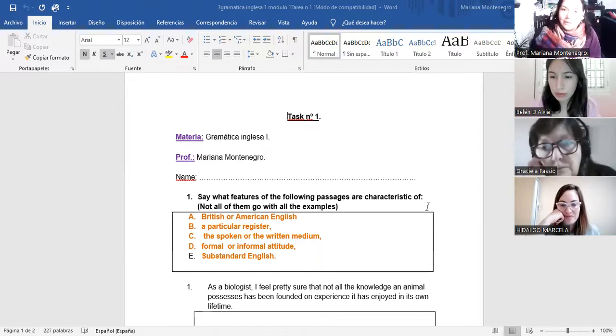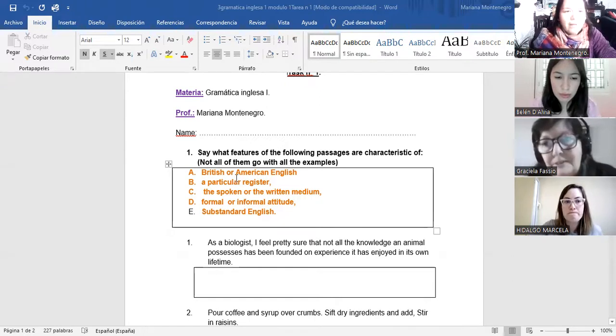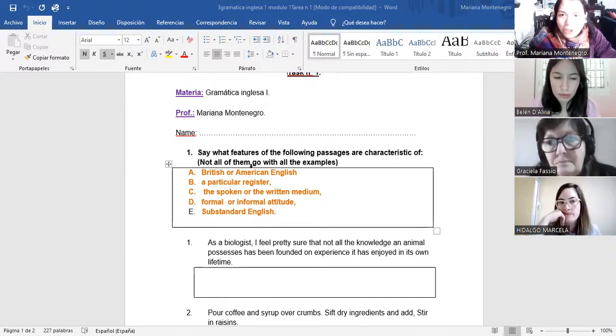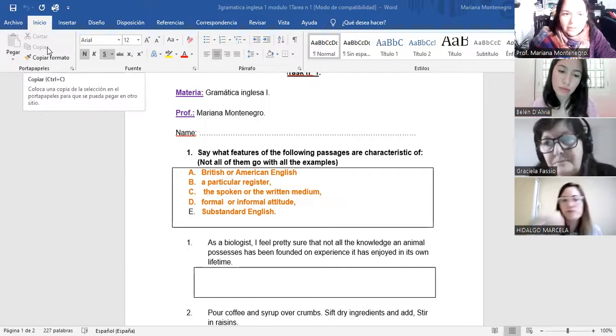But they put it all the same because they think that they have to put all of them. No. Sometimes you have only one or two features. For instance, you have British or American English, but sometimes it is just English and there is no specific word that shows that it is British or American. So if you are not sure, you don't put anything.